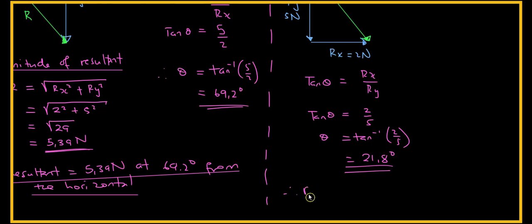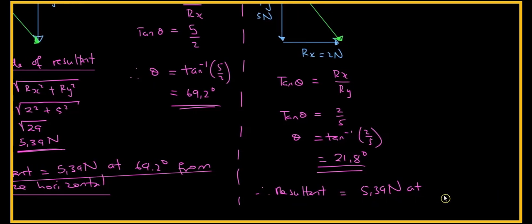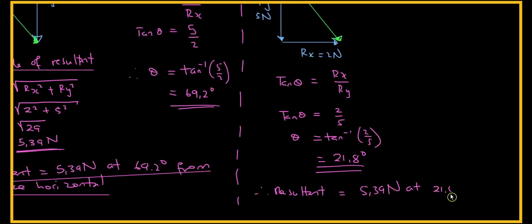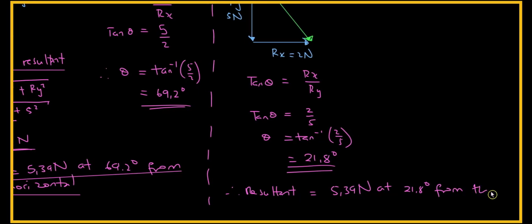So your conclusion here would be, therefore the resultant is equal to 5.39 newtons at 21.8 degrees from the vertical.